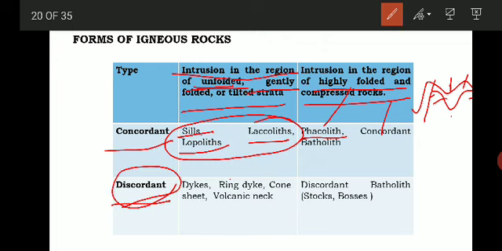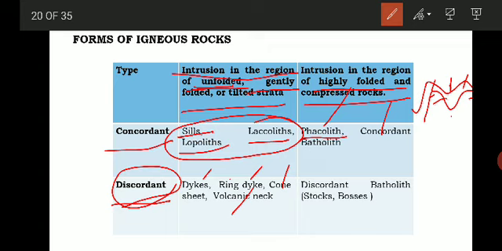Discordant, we have seen what is meant by dike, ring dike. Then we have seen what is volcanic neck. Then cone sheets are assemblages of inclined dike-like masses with arcuate outcrop, and the members of these cone sheets dip at an angle of 30 to 40 degrees towards the common center, and the thickness may vary from 30 to 40 feet.